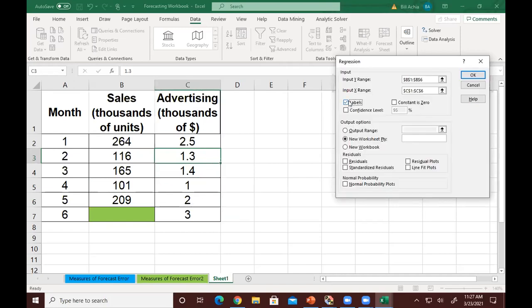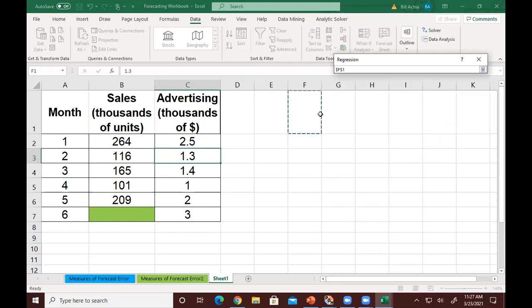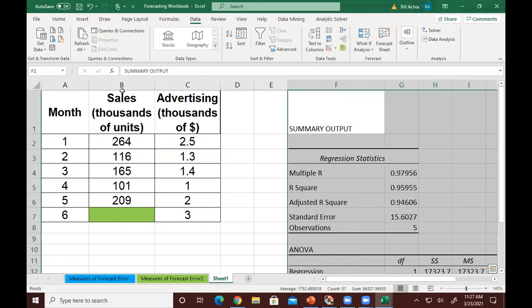I have labels here. I want my output right here on this chart, so let's put the output here. And that's all I need to be able to get a solution, a summary output. With this summary output, we can go ahead and try to figure out the answer to this question: if I spend $3,000 in advertising, what should we expect our sales to be?